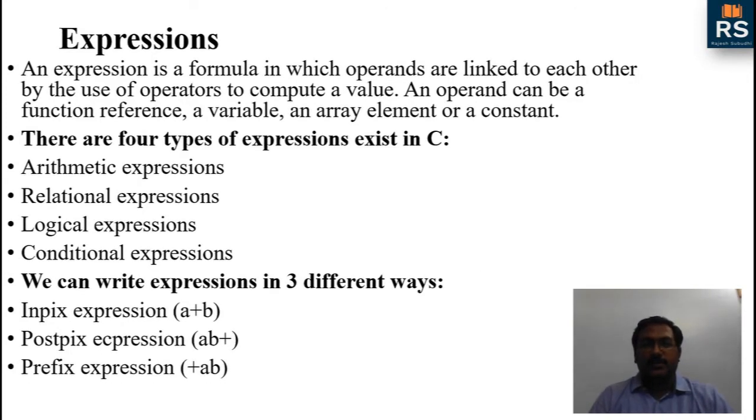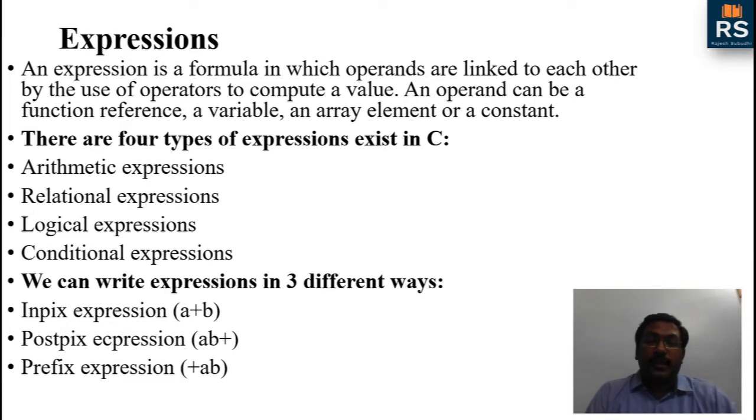So, what is an expression? You can say an expression is a formula in which operands are linked to each other by the use of operators to compute a value. That means the combination of operands and operators is known as an expression. Similarly, as we have different kinds of operators in C, for each kind of operator there will be an expression.